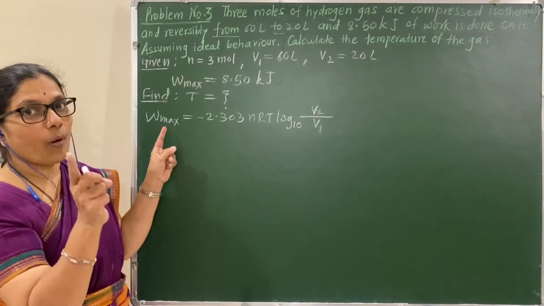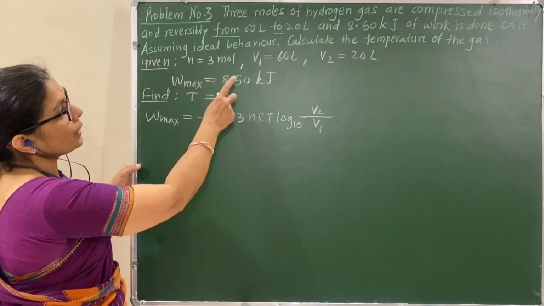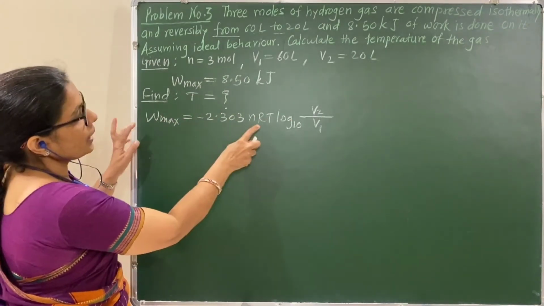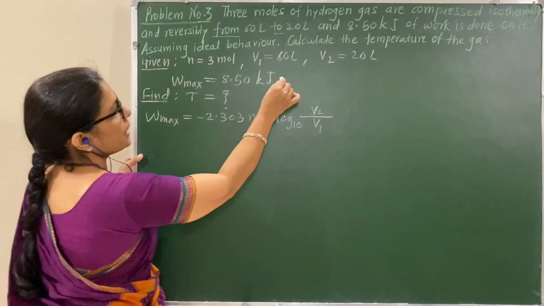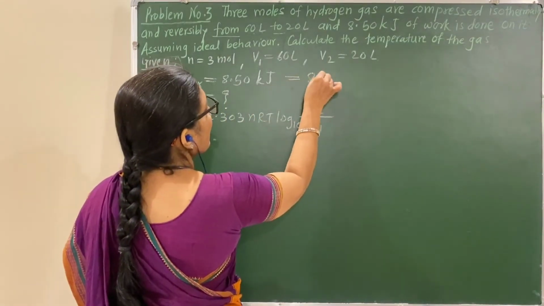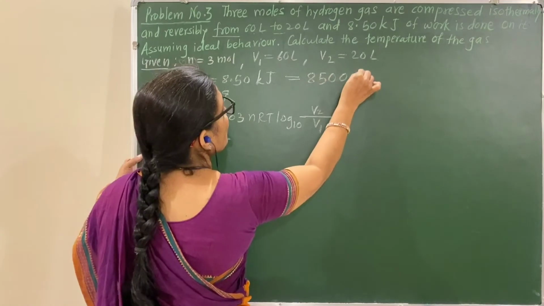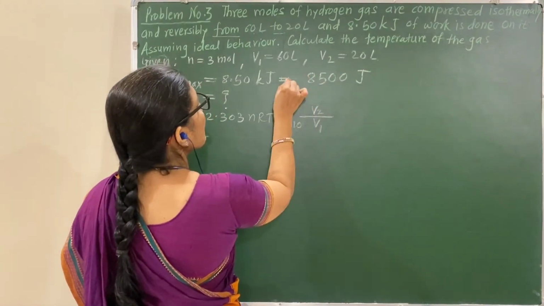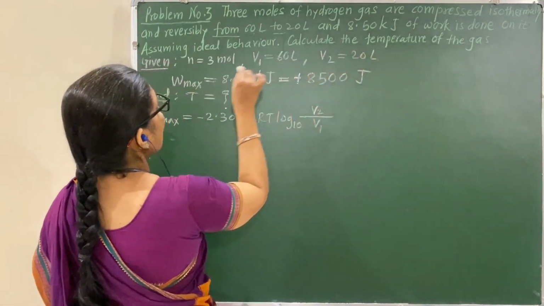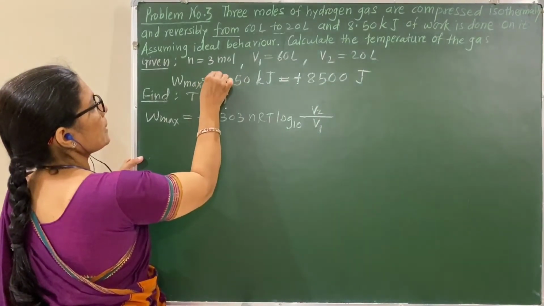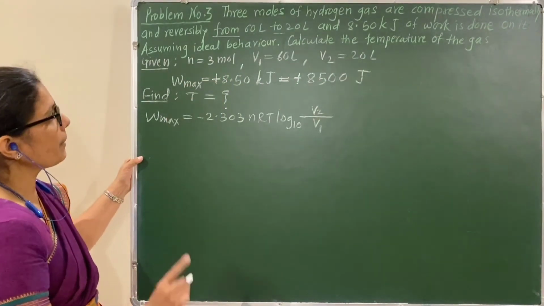Before substitution, always remember one step, convert into the required unit. Now here it is in kilojoule, therefore convert this into joule as 8500 joule, and this is positive as gas is compressed. Yes, am I right?